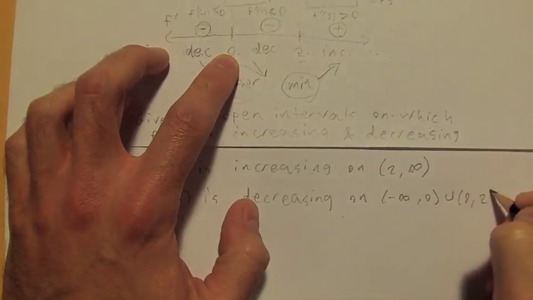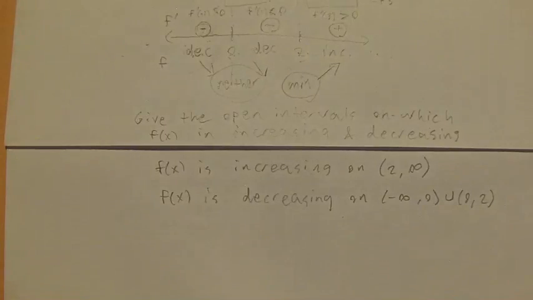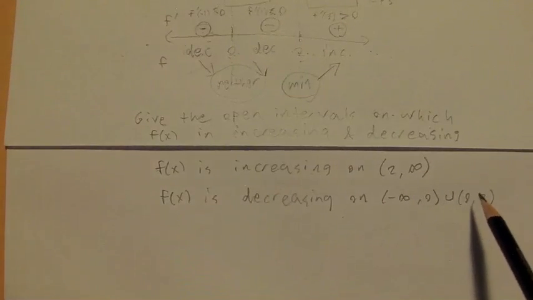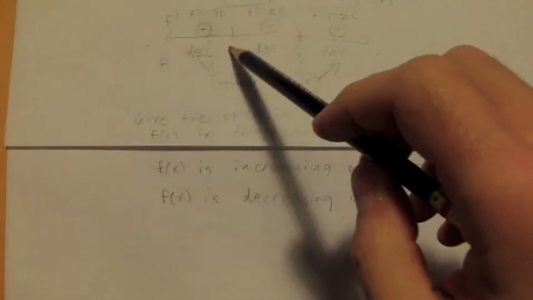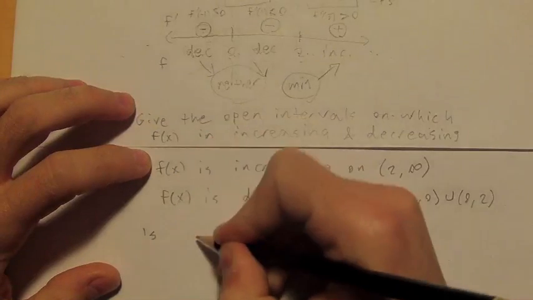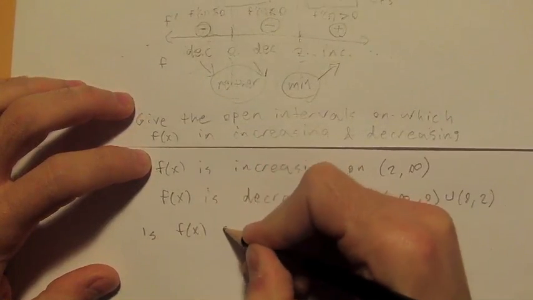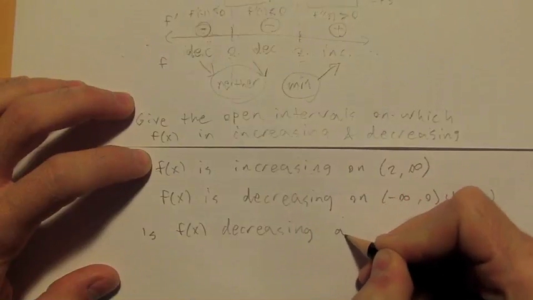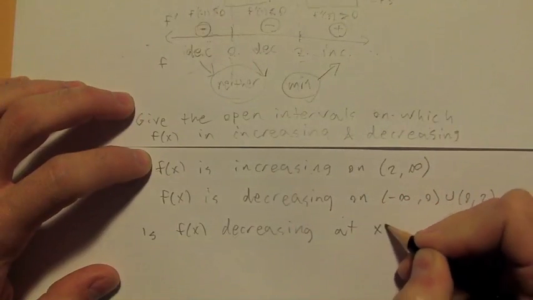Now you might say, well, why don't we say it's decreasing from negative infinity all the way up to 2? And it's because, is the function decreasing at 0? So is f of x decreasing at 0?